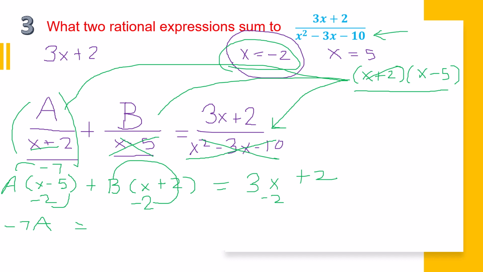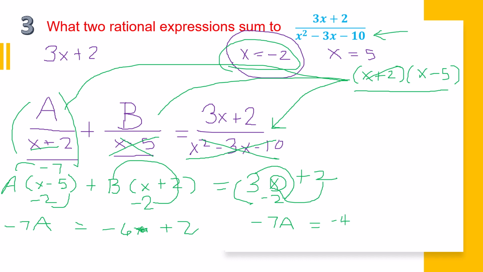Move over to the right-hand side. 3 times -2 is -6 times x plus 2. Wait a minute. There's no x there. That's what -2 is. This is just -6 plus 2. So -7A is equal to 3 times -2, which is -6, plus 2, which is -4.